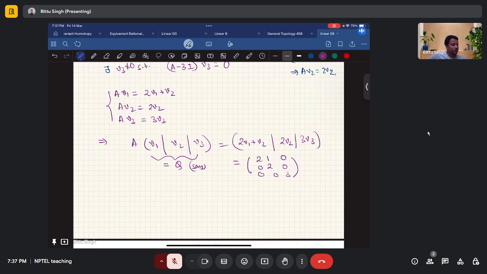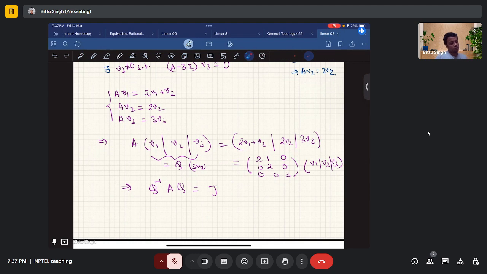So from here we can see that this is same as v1, v2, v3. So this is Q inverse AQ. This is actually the Jordan form, the given Jordan form.